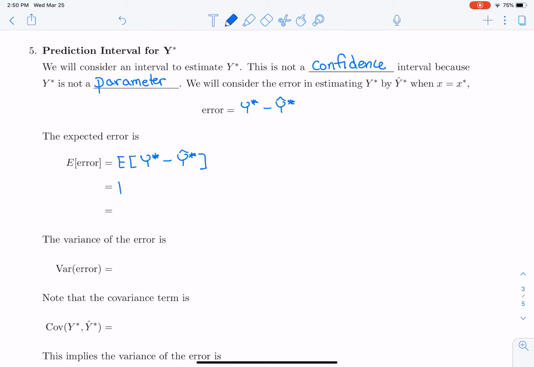So that's going to be the expected value of y star, which we know is beta 0 plus beta 1 x star plus epsilon. And then we're going to subtract the expected value of y star hat. That's going to be beta 0 hat plus beta 1 hat x star.